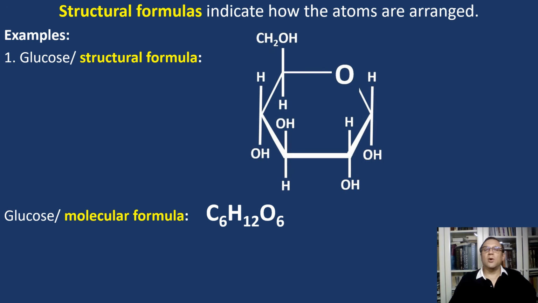You just worked on a molecular or chemical formula, but there is also a structural formula, which shows how atoms are arranged in a molecule. For example, the structural formula of glucose reveals its ring-like structure. While we don't show all the carbon atoms explicitly on the diagram, each corner of the ring represents a carbon atom.